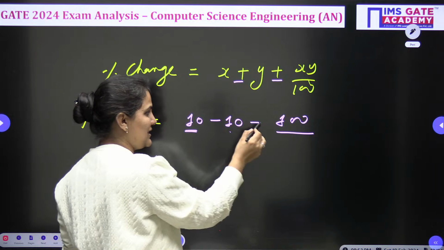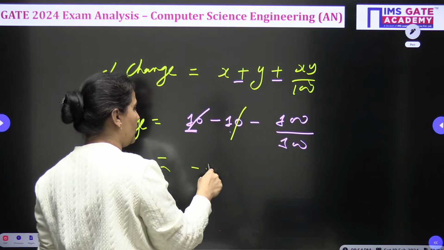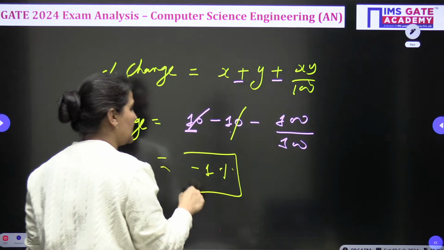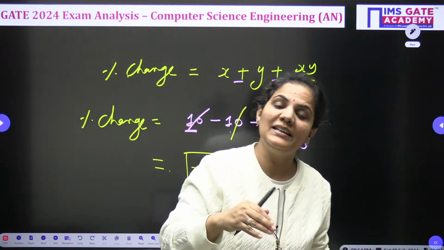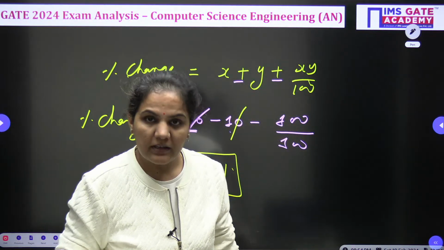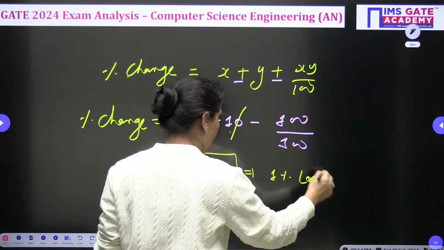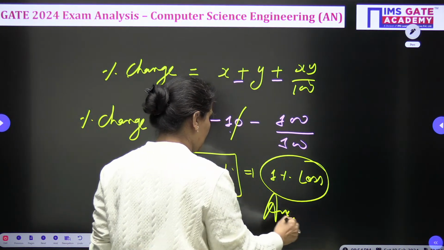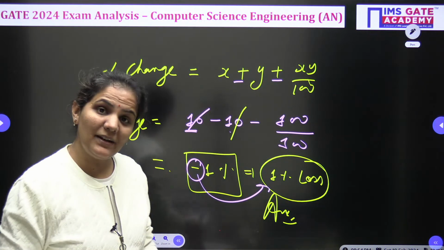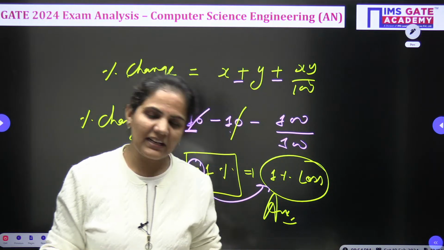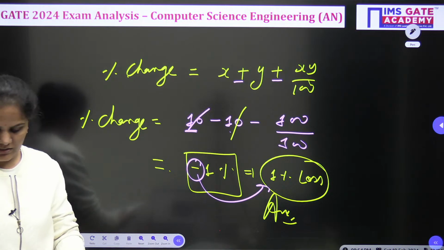Plus 10 minus 10 is gone, leaving minus 100 by 100, which is minus 1%. Minus 1 shows a decrement, which means loss. So he has a 1% loss. Your question is done. The negative sign shows the loss, meaning a decrement in the product's value. Very easily we can approach it.